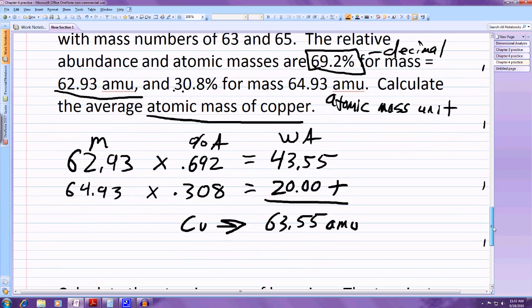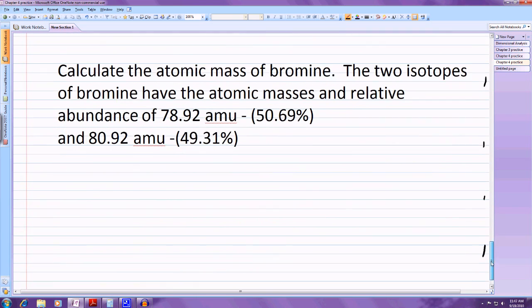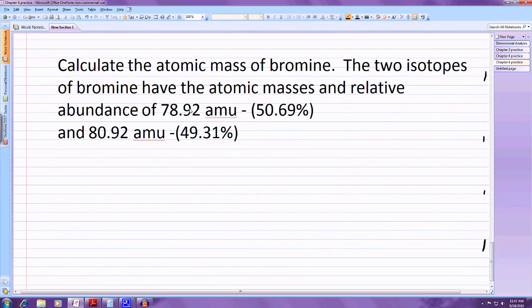Alright, let's do one more problem and then we'll call it good for Chapter 4 practice. Calculate the atomic mass of bromine. The two isotopes of bromine have the atomic masses and relative abundance of 78.92 AMU at 50.69% and 80.92 AMU at 49.31%. So we start with our masses. 78.92 times 0.5069.